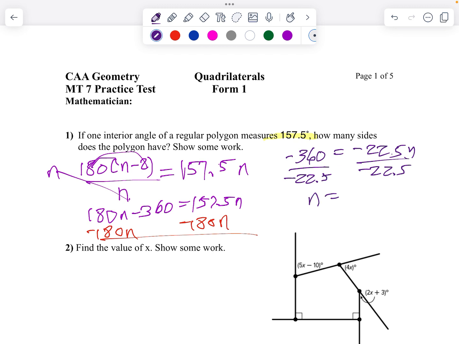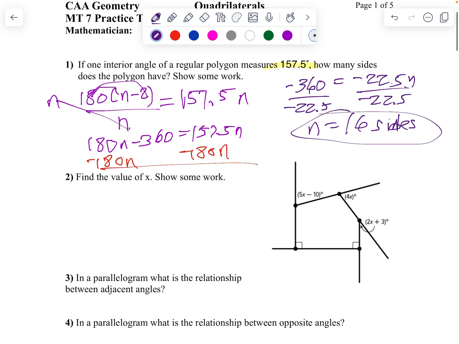So the number of sides is, just divide those out on our calculator, and we get 16. So 16 sides is our answer.